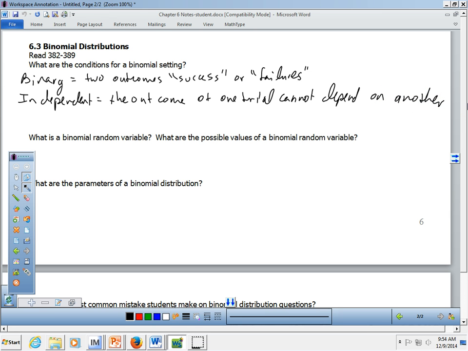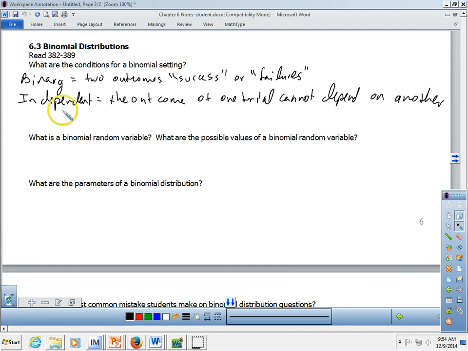So when I flip a coin 5 times, the second flip outcome is not going to depend on the first flip outcome. When I select 100 babies at random, the sex of the second baby is not going to depend on the sex of the first baby. So those are independent trials in this setting.